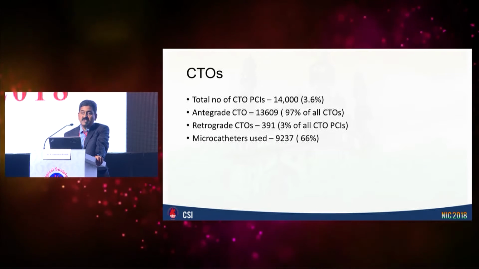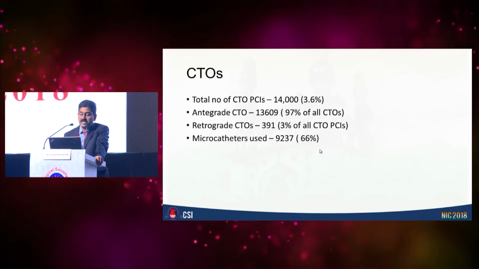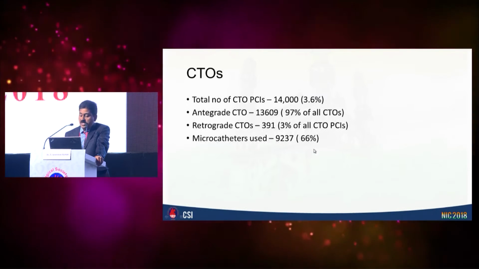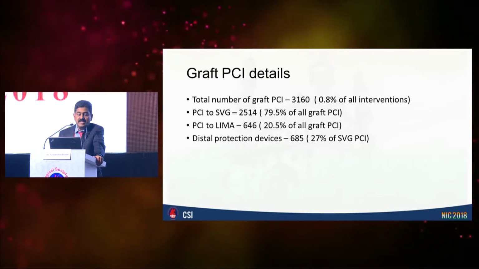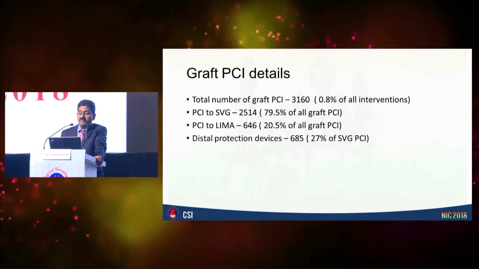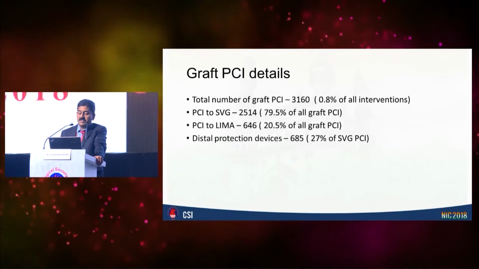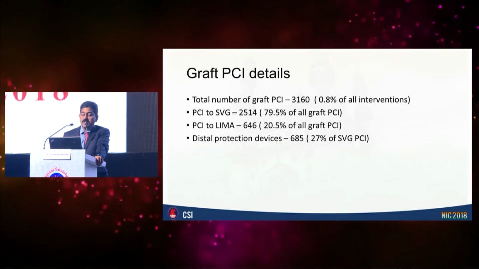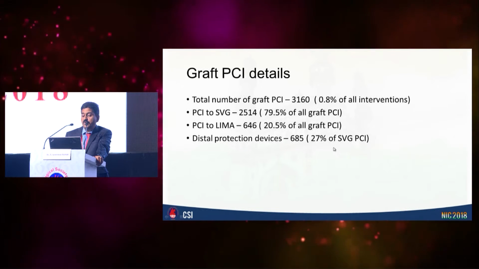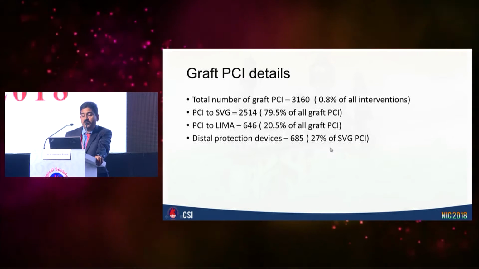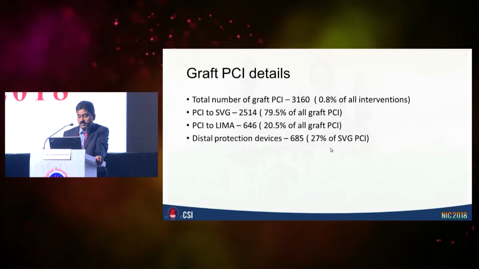And microcatheter usage, I was a little surprised, is about 66% of procedures, at least they have noted that they are taking this help. In graft PCIs, PCI to venous grafts is more common, obviously, but 20% of them also reported LIMA procedures. And distal protection devices were used in about 27% of all these interventions.